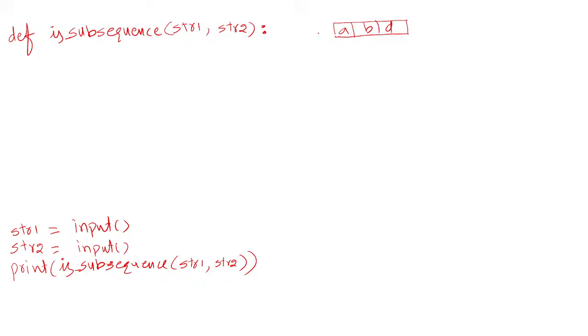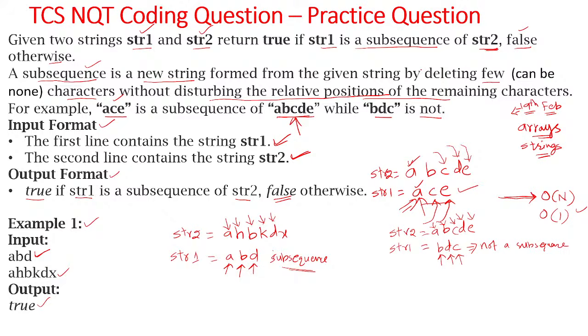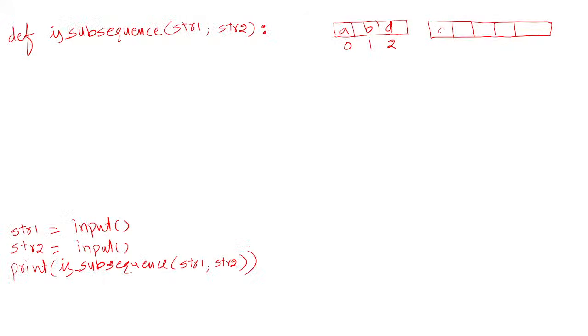Assume ABD is your string 1, with indices 0, 1 and 2, and I am drawing string 2 here. Our string 2 is AHBKDX, with indices 0, 1, 2, 3, 4 and 5.